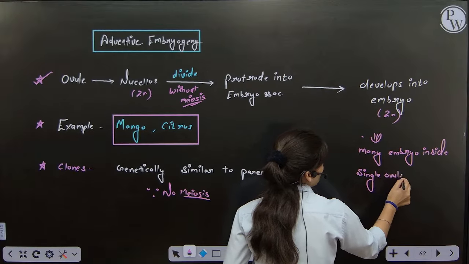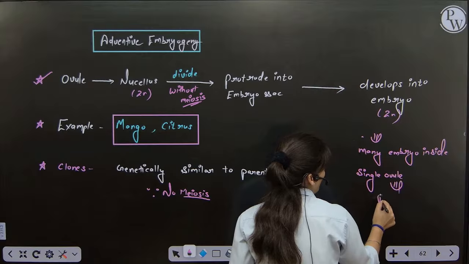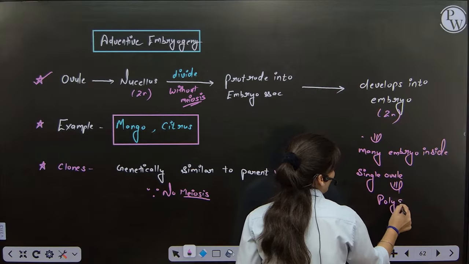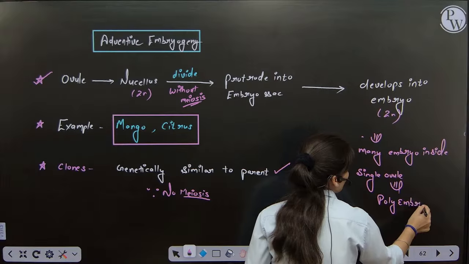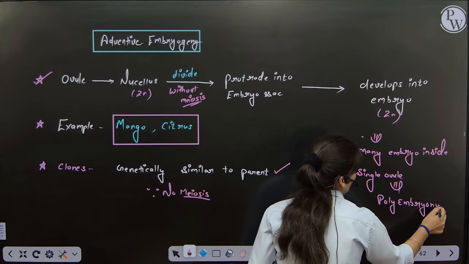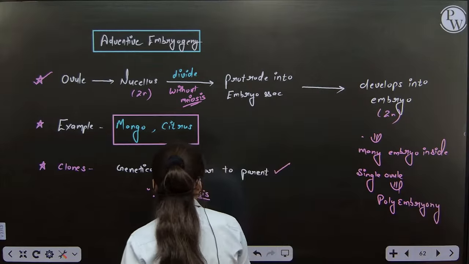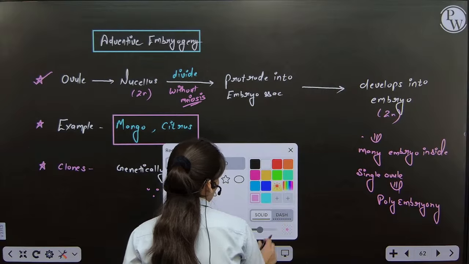Polyembryony is seen in the case of citrus and mango.